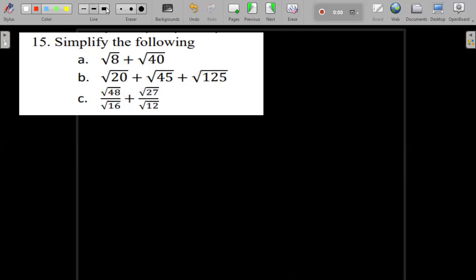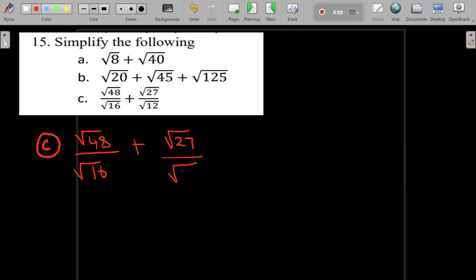All right, so the next one there is C, we have the root of 48 divided by the root of 16 plus the root of 27 divided by the root of 12. Okay, so how can we simplify this?